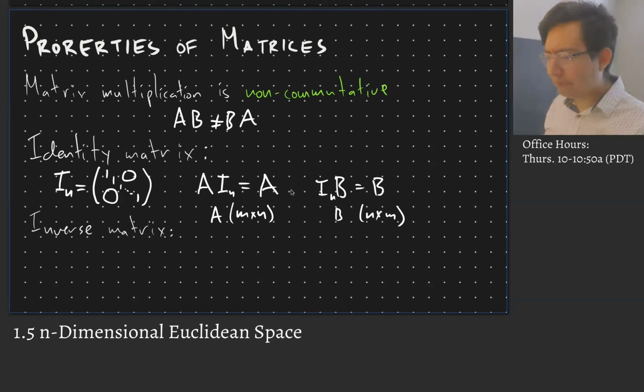Okay. So now the inverse matrix is a little complicated. So if A, now it turns out that it has to be a square matrix.